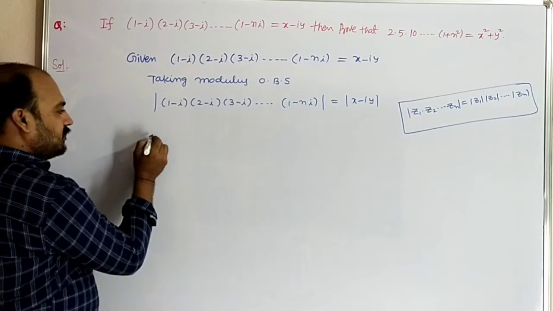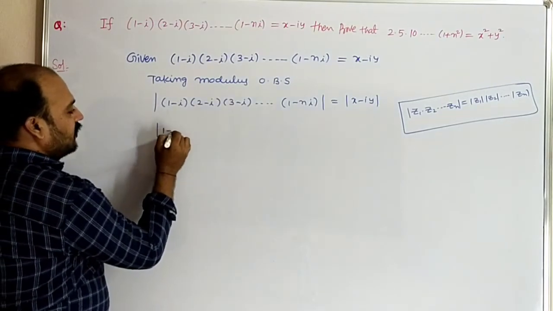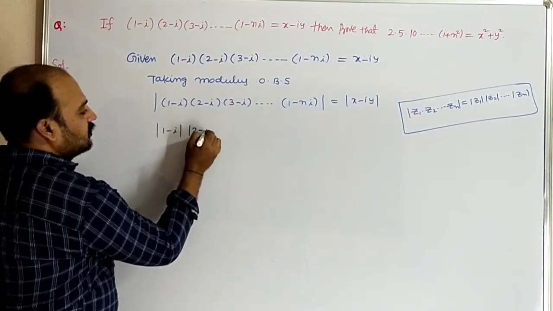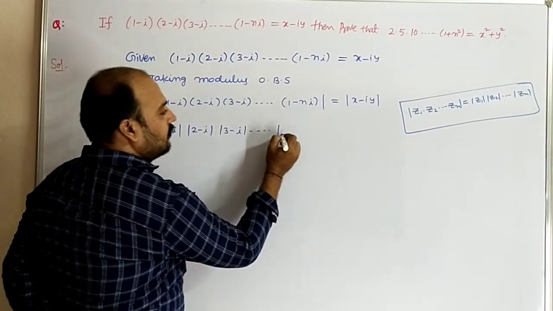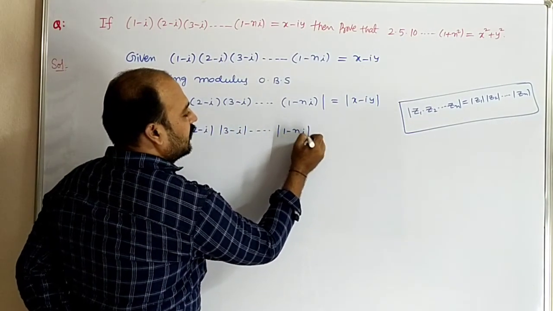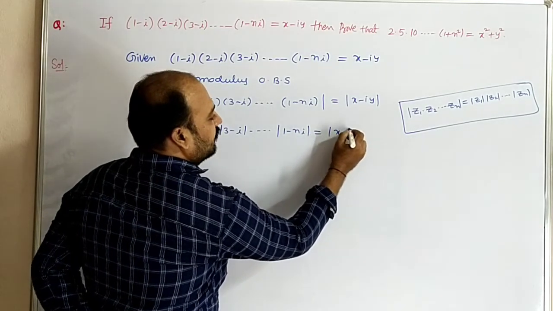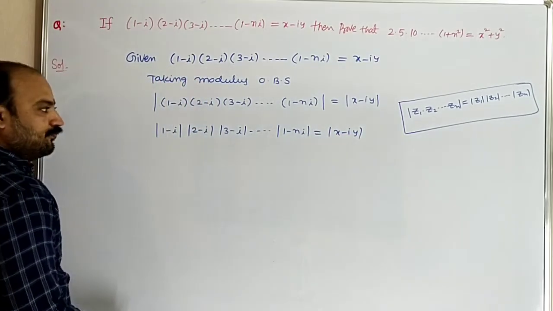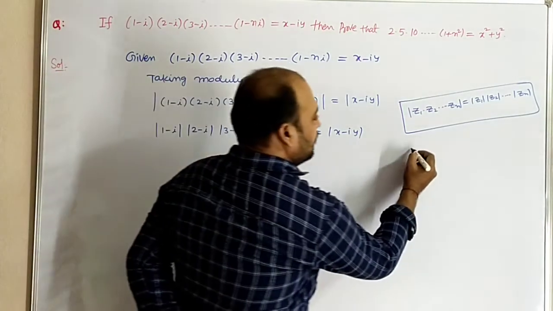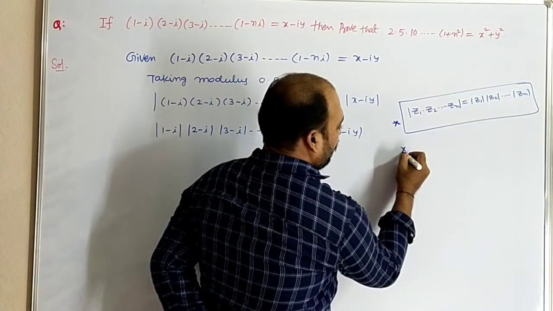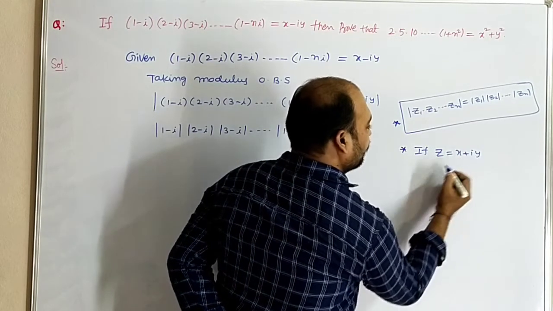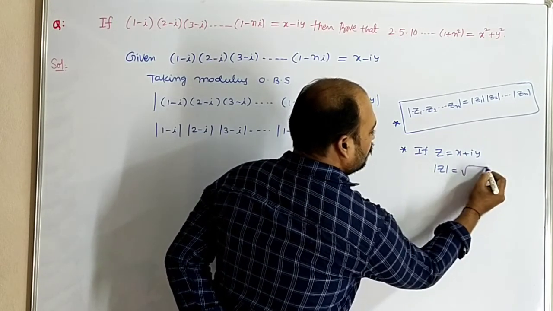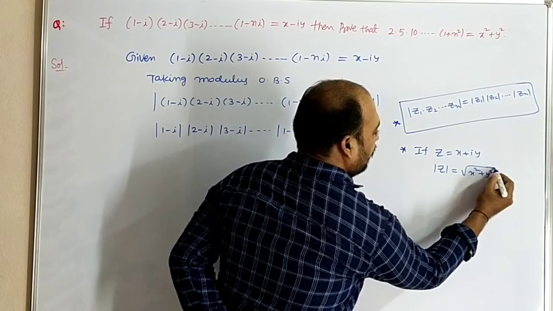By using that, modulus of 1 minus i, modulus of 2 minus i, modulus of 3 minus i and so on, modulus of 1 minus ni is equal to modulus of x minus iy. We know that if z is equal to x plus iy, then mod z is equal to square root of x square plus y square.